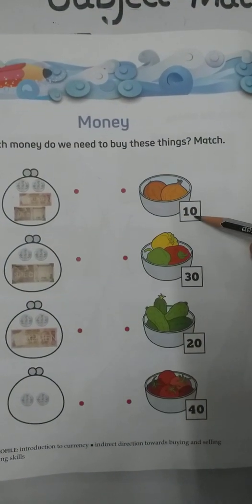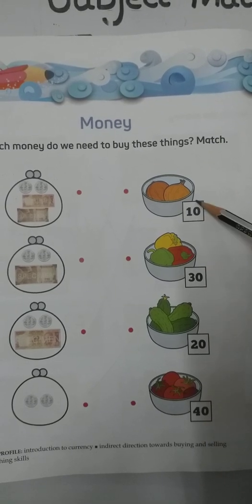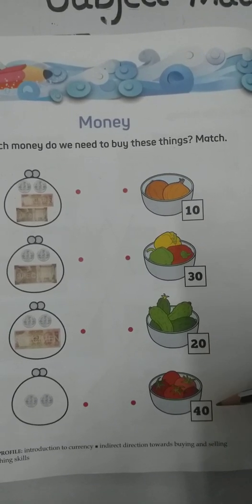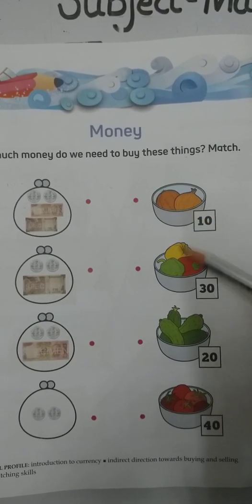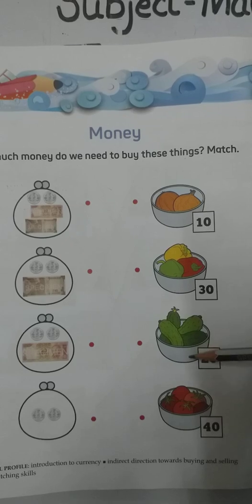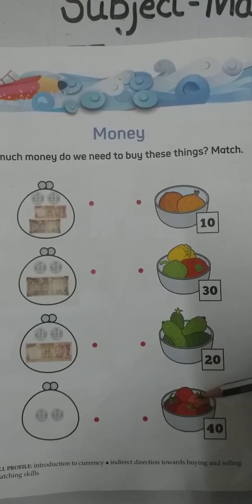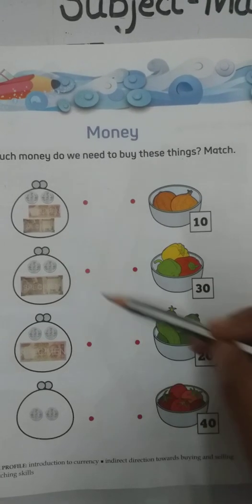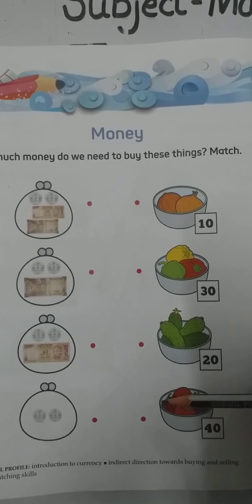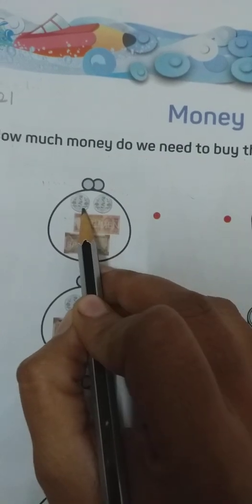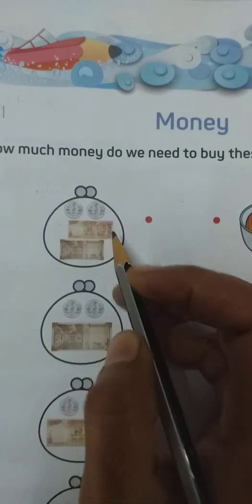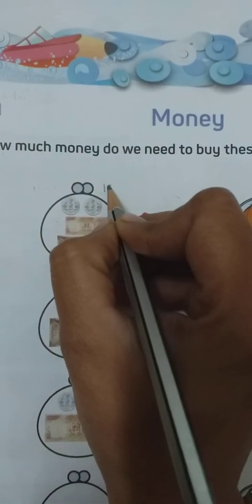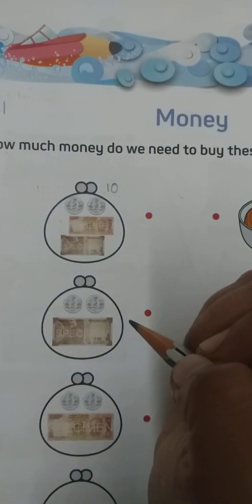यहाँ पर आप देख सकते हो नंबर्स हैं 10, 30, 20, 40. तो हमें ये जो चीज़ें हैं कितने रुपए में हमें कितना मनी देना होगा वो हमें मैच करना है. So here we have two 5 rupees coins, means we have 10 rupees.